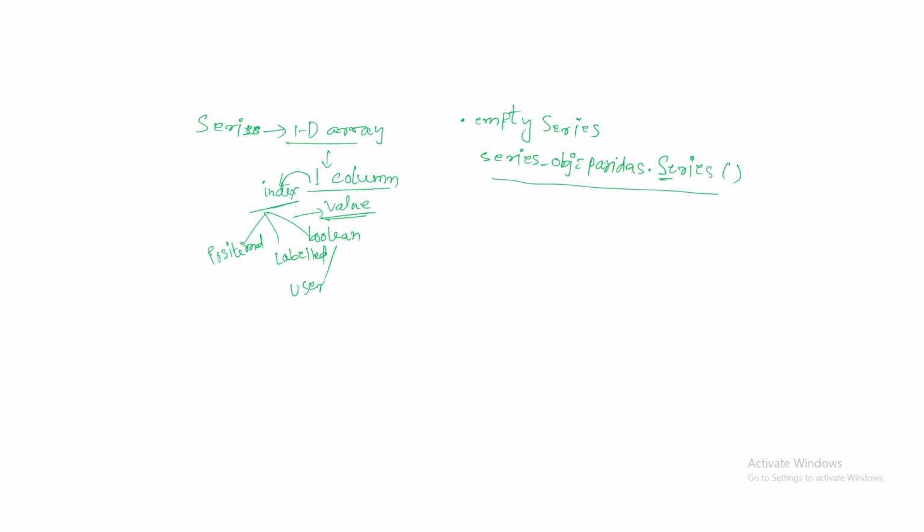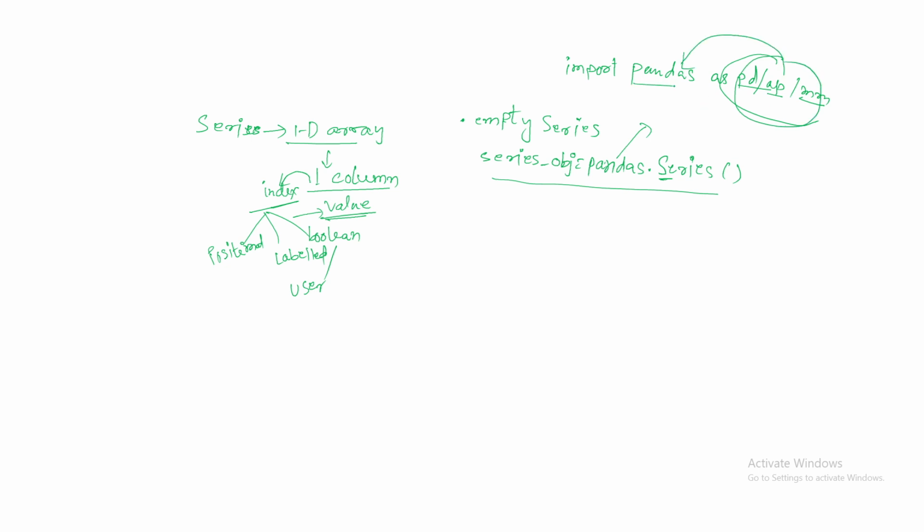Whenever we import pandas, we can give an alias name also, just like import pandas as PD, or any name, suppose I write AP. This PD or AP is an alias name. Alias name means nickname of pandas.